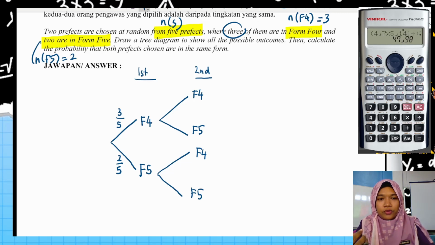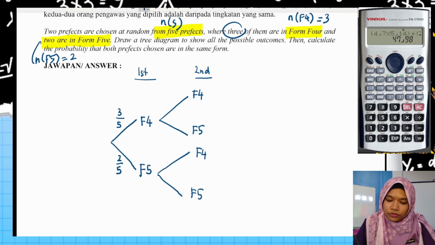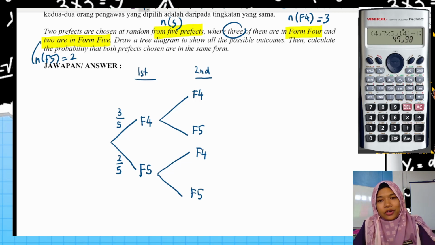Form 4 dah berkurang. The number of Form 4 students reduce from 3 to 2. Kenapa reduce? Because dah pilih dah for the first time. So this one is an example of a dependent event, because the second event is based on what happened in the first event.